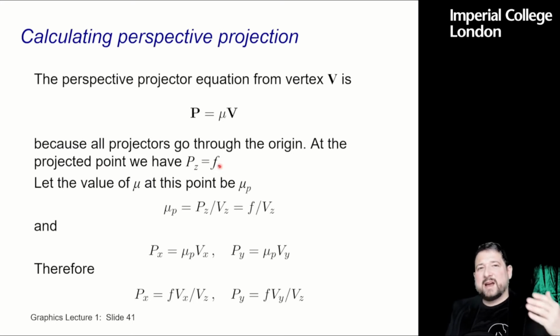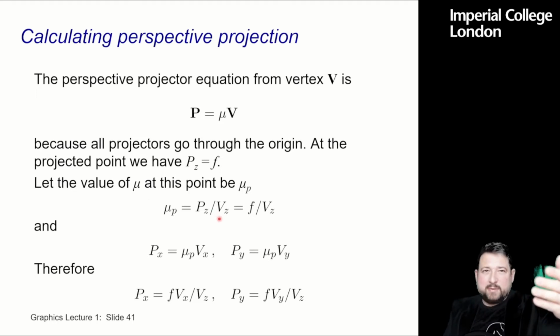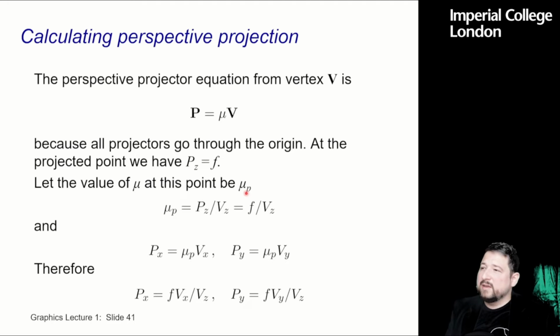All p z are at that f distance, so they all become f. Now let the value of mu at the point where the projection happens be mu projection, mu p. Then we can simply work out mu p: it's the fraction between p z and my viewpoint z. p z is the same as f, so it's f over v z. So it's a scaling factor.